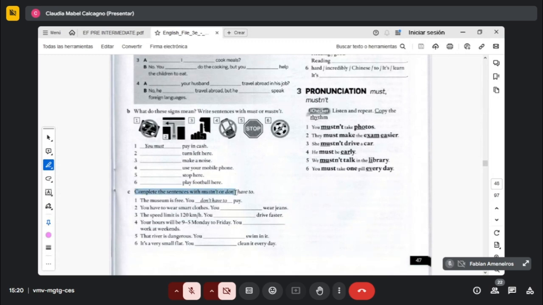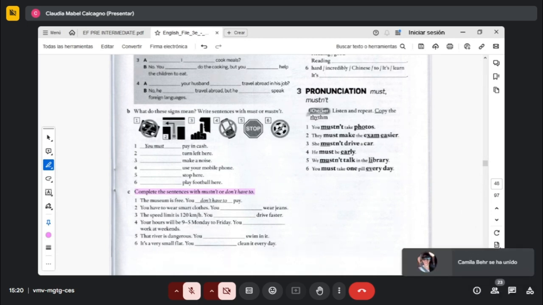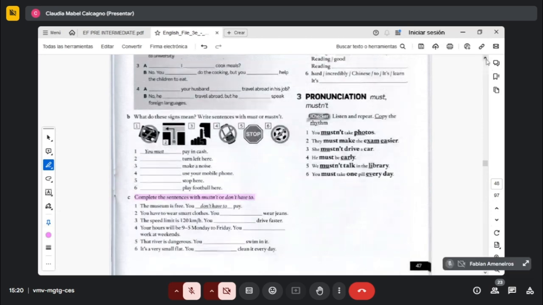It says complete the sentences with mustn't or don't have to. So activity C, you have to use both structures. Okay, good. All right, so I will give you 10 minutes. So we start with this practice and then we correct it.